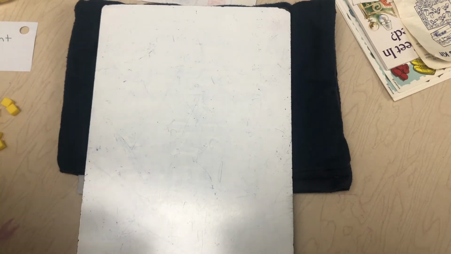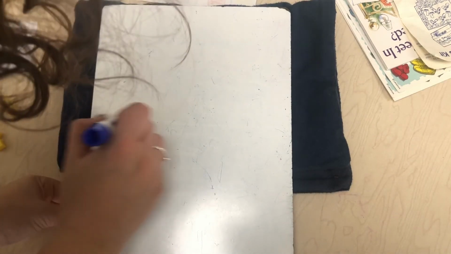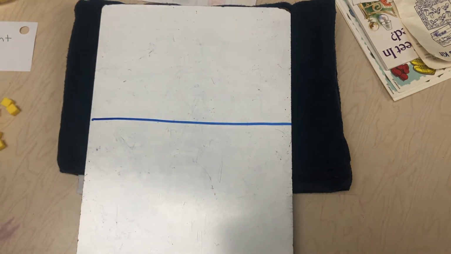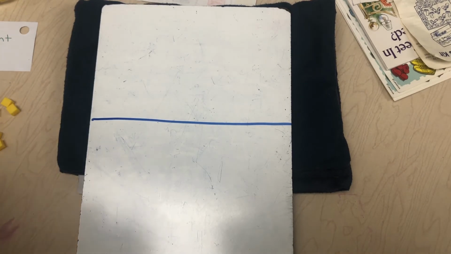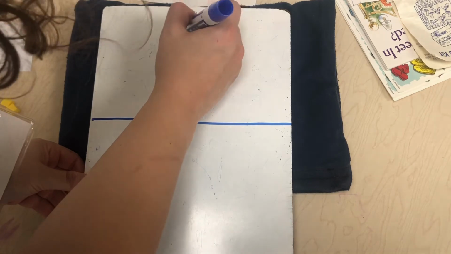Moving on to our next math journal for day 6, we are going to draw a line in the middle. We are going to do the number 7 today.